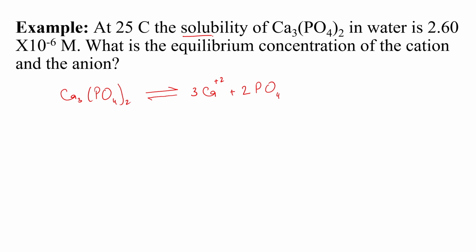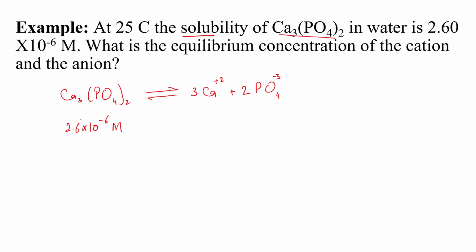The solubility of calcium phosphate is given, which is 2.6 times 10 to the negative 6 molar. So you will be using your balanced dissociation equation in this case to find the concentration of cation and anion.